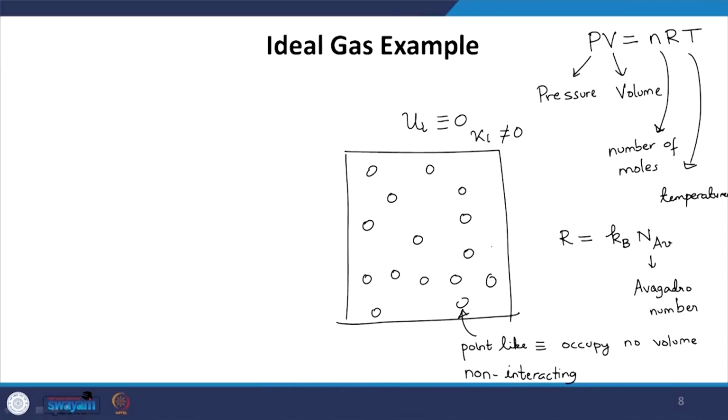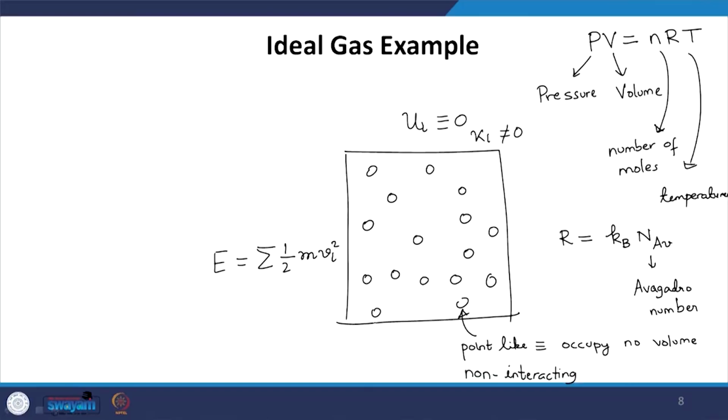Okay. So, for this ideal gas, the energy would then be the sum over (1/2) m v_i^2 of every molecule. I am assuming that all the molecules have the same mass, that is for a pure component system, and each has some velocity. The velocity can be different in the molecules, right.